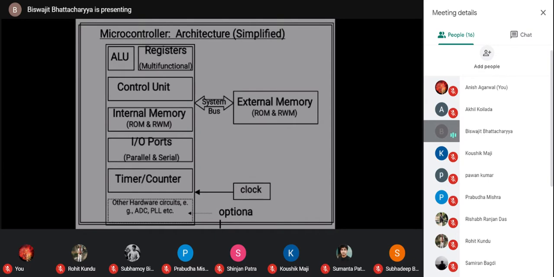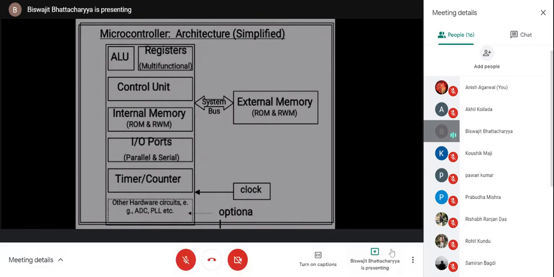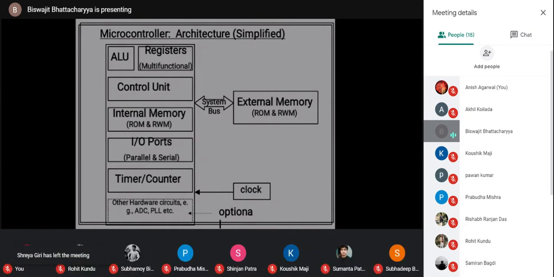ROM, read-only memory, whose data can be read only but cannot be written, and RWM, read-write memory, popularly called RAM. Although there is some small difference between RWM and RAM, in our context, these two are the same.